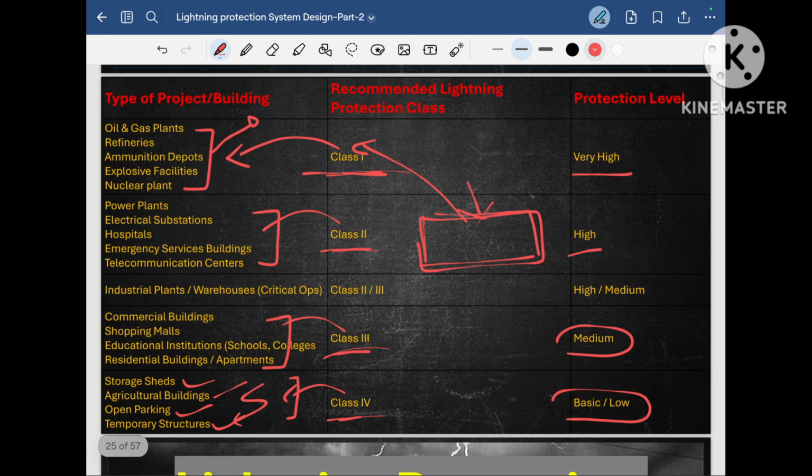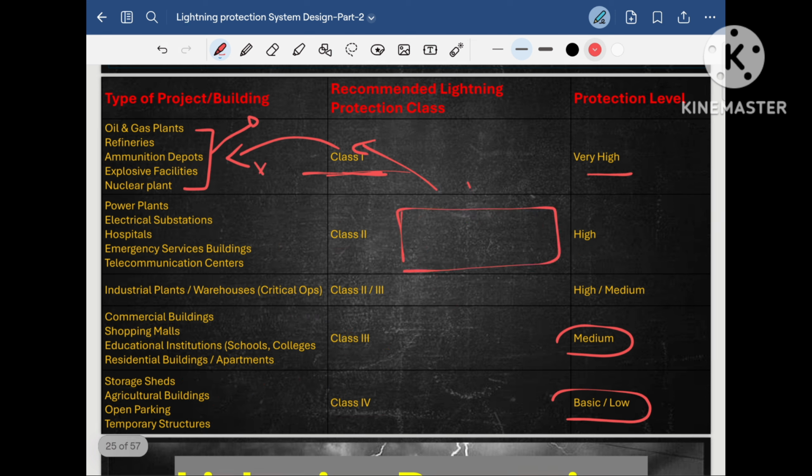Is our project a threat to the environment, an ecological disaster? The answer is no. There is no nuclear reactor, no chemical industry inside that can release toxic gases or radiation to lead to an ecological disaster. So of course class 1 protection is not required for our project.